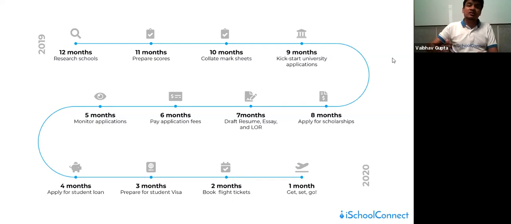So start with research. Research is very important. Then once you are done with your research and you have some clarity in mind, which university, which program you want to pursue, find the eligibility criteria of those programs. Then start preparing for your examinations. With 11 months in hand, you should start preparing for your exams, be it GMAT, be it GRE.